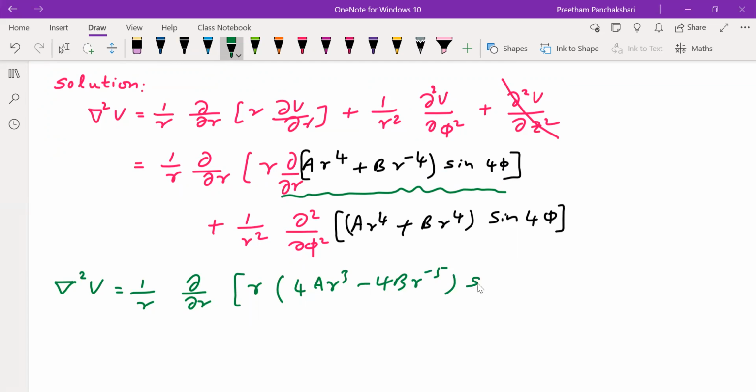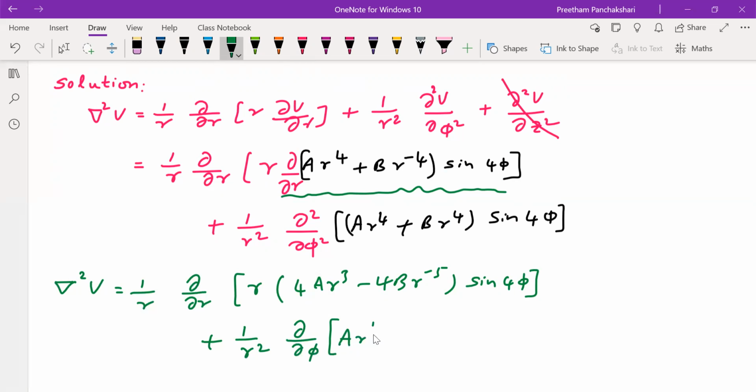Sine 4 phi is constant because the differentiation is with respect to r. The second term, one differentiation is written and we'll perform first differentiation, that is with respect to phi.